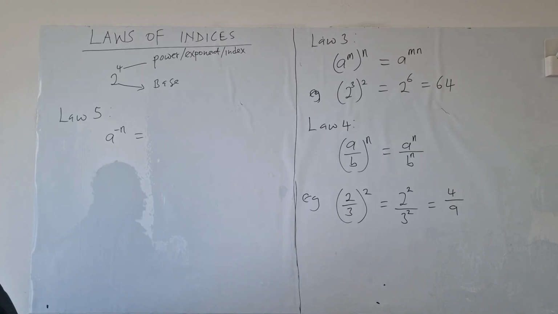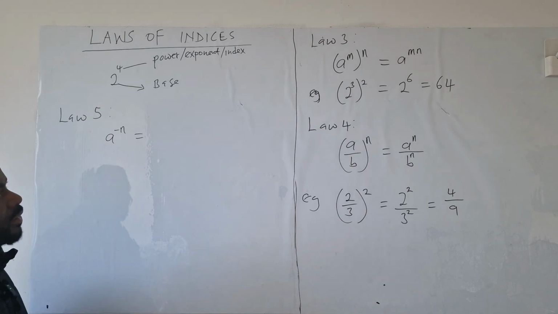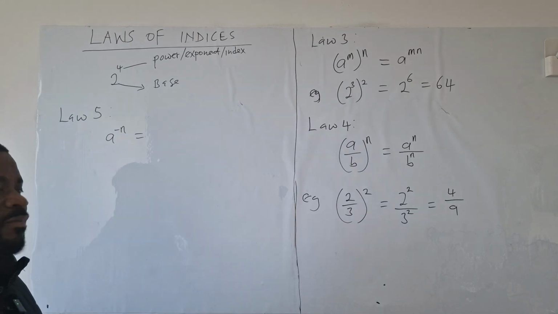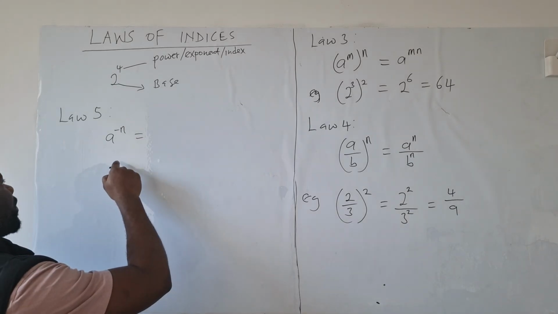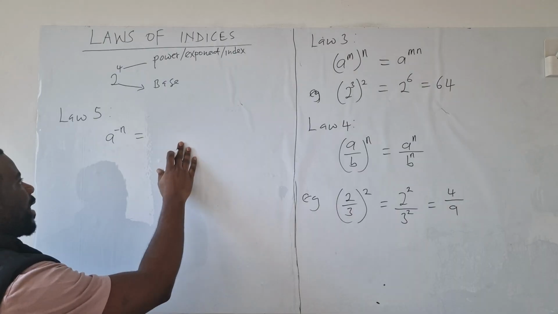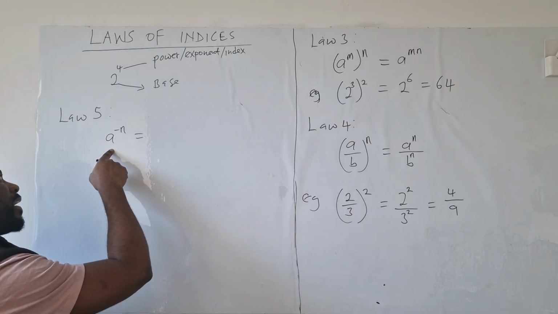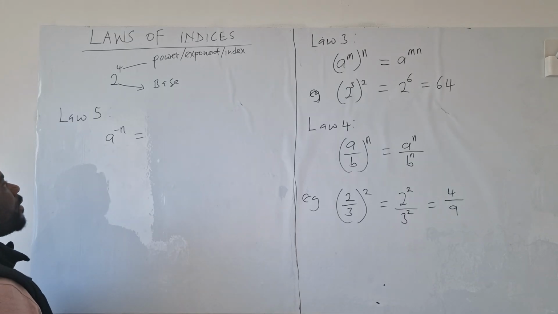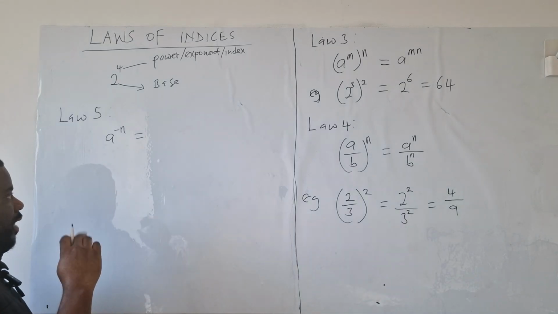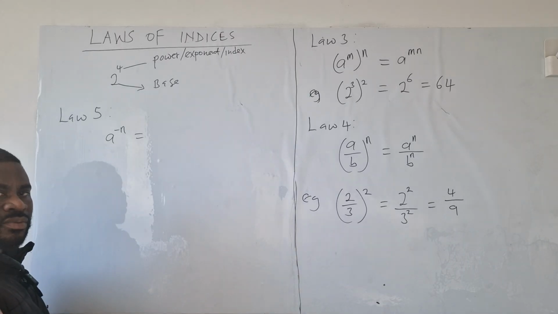And this is necessary because whenever you have a negative power, it becomes difficult to deal with it. So you must change the negative power to positive before you can deal with it. So for a raised to the power minus n, the law says that you just take the reciprocal of the base, and as soon as you take the reciprocal, the power will change to positive.